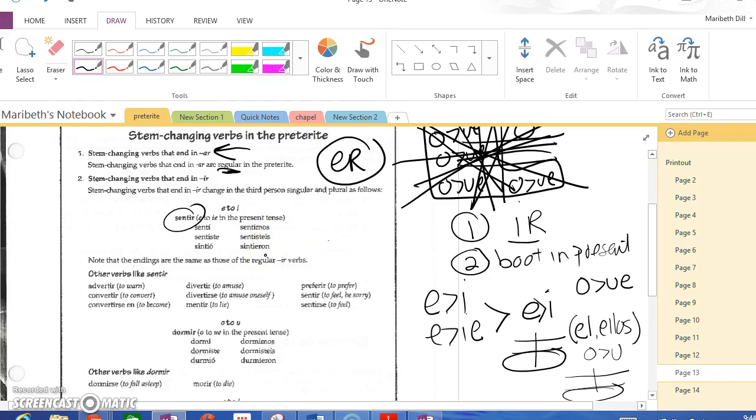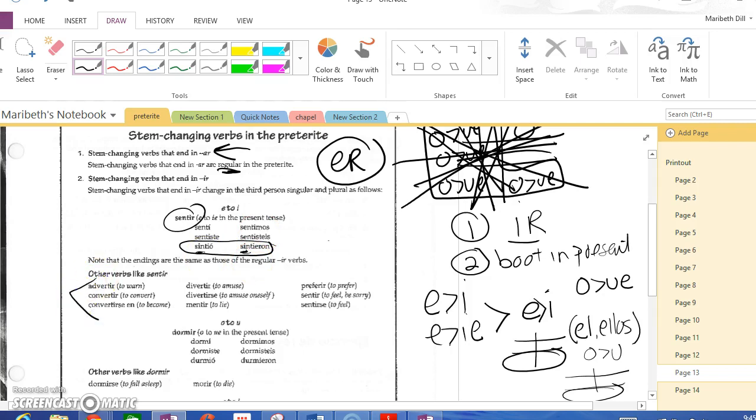In the preterite, our endings are the same: í, iste, ió, imos, ieron, but something is happening. This E becomes an I only in the él and the ellos, ustedes forms. Sentí, sentiste, sintió, sentimos, sintieron.